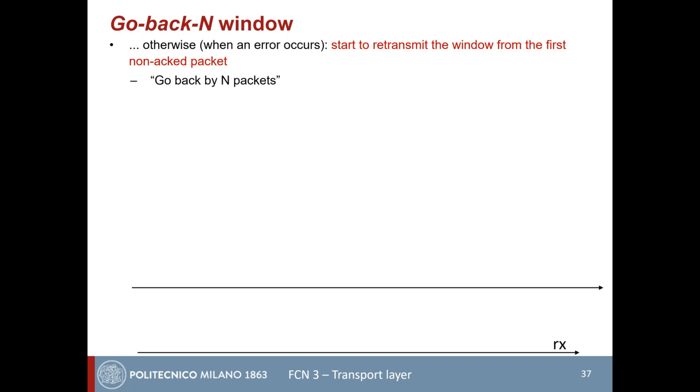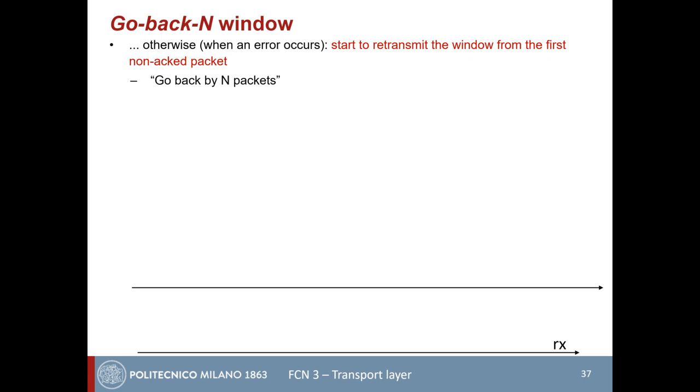What happens if an error occurs? And this is why the protocol is called go back N. When there is an error, it means that there is a timeout that expires before getting an acknowledgement on time, and the transmitter starts to retransmit the window from the first packet that has not been already acked.